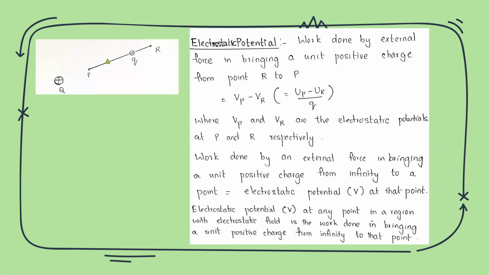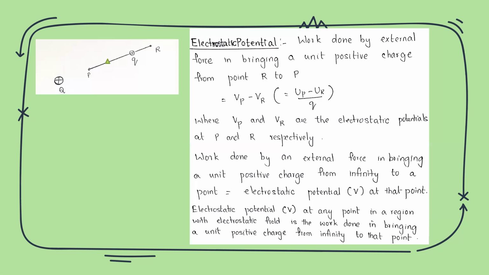So we are taking plus 1 coulomb charge from the point R to the point P. Therefore, the potential difference between the points P and R, that is Vp minus Vr, is equal to Up minus Ur divided by q.